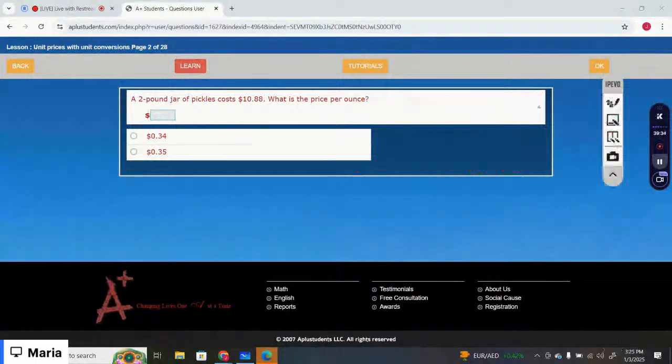That means the price of 1 ounce is $0.34.